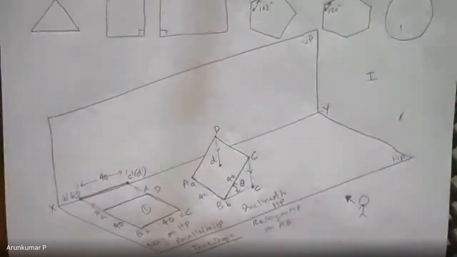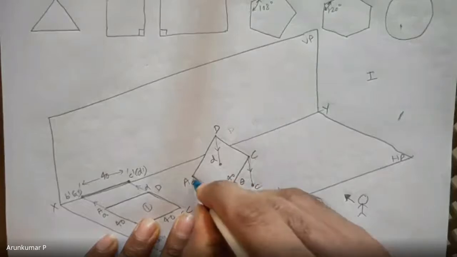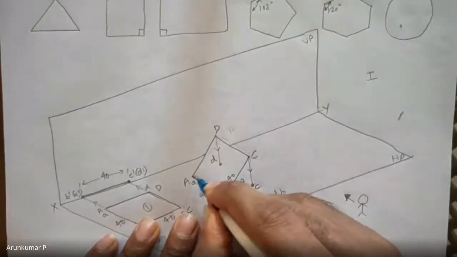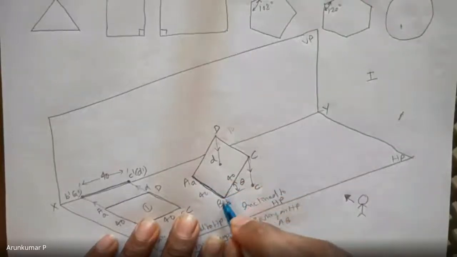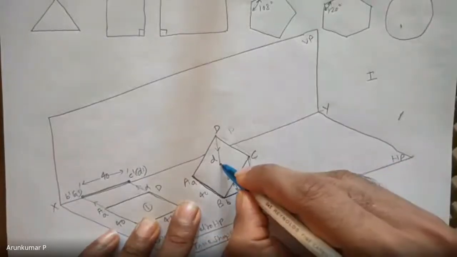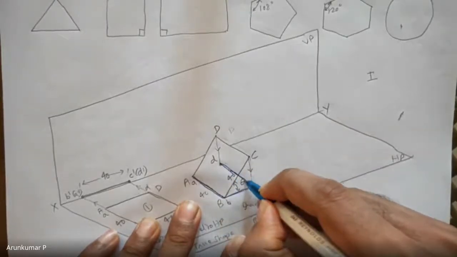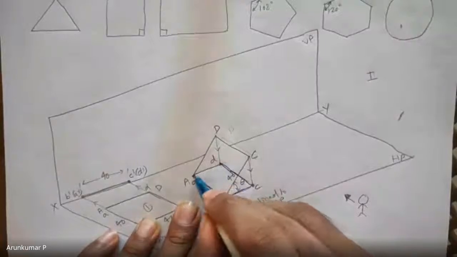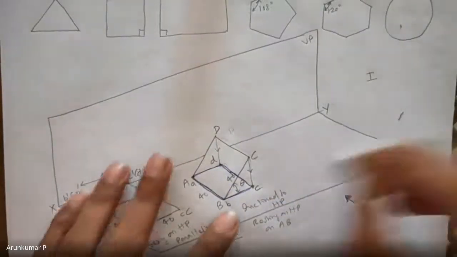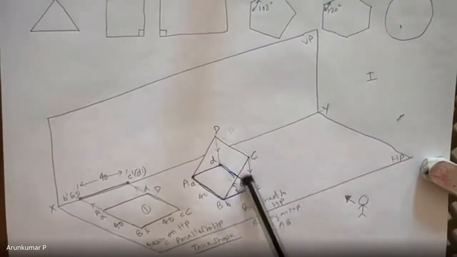Now, if I join them, I'll join A to B. I'll join B to C. I'll join C to D. And I'll join D to A. So what am I getting in the top view now?